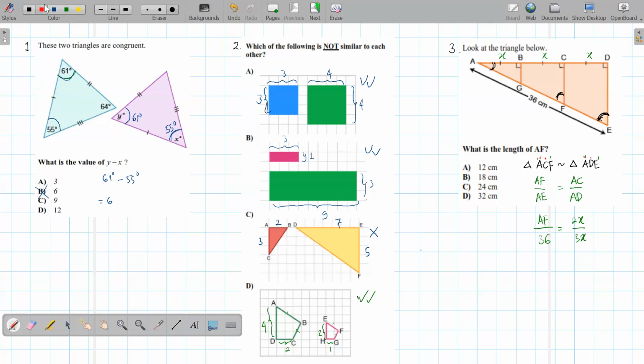So we simplify this and cross multiply, so we will get AF equals 2 times 36 over 3. Now let's simplify. 36 divided by 3 is 12. 12 multiplied by 2 is 24 centimeters. So the correct answer for this question is C.